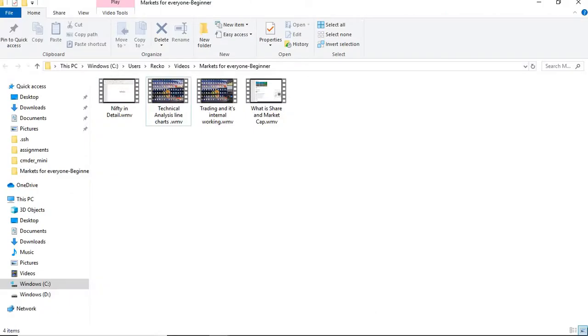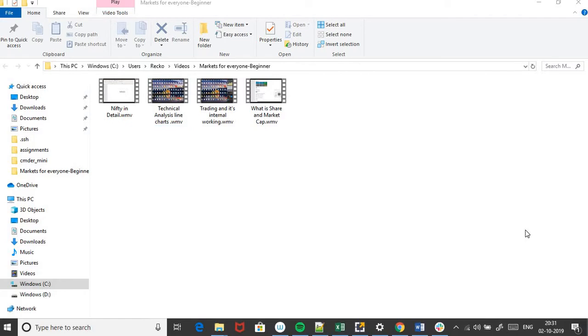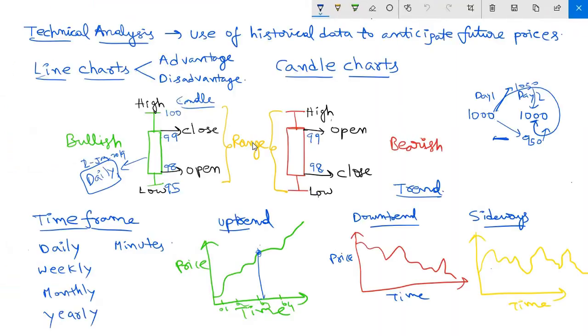So hope you get this. Overall, what is the summary here? Whenever you see a candle chart, you can get more information about the price action, that is, the process through which it reached a particular closing price, and there are two types of candles, bullish and bearish. One is represented in one color and the other in another color, generally green and red.